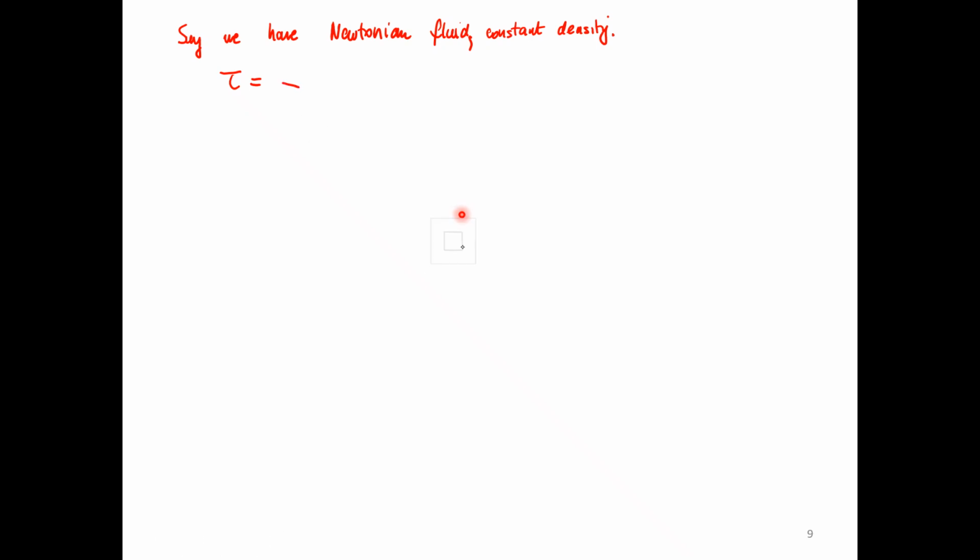I typically get 2 mu in the xx coordinate. That one, and then that one transposed.